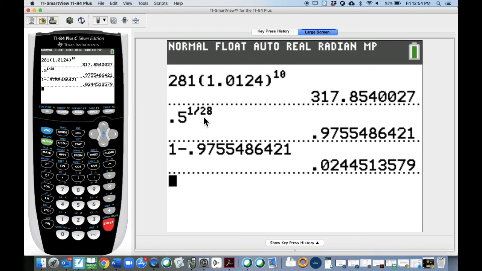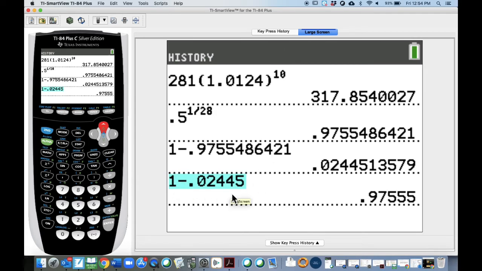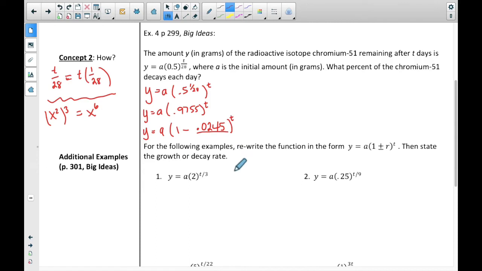Another way to say that would be 1 minus 0.02445, which is what we had a second ago. And so in other words, this is what we can put into our parentheses. So now I have it in this form.